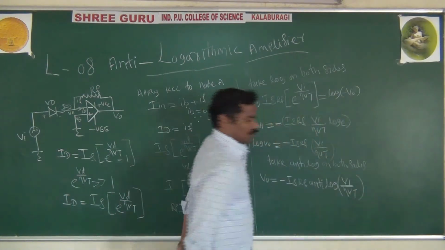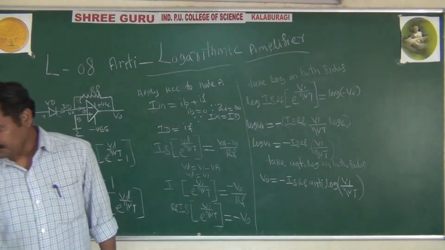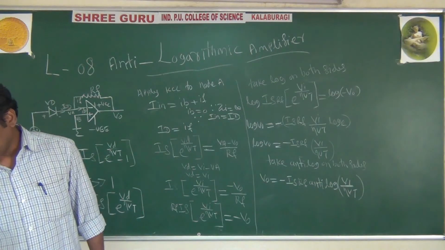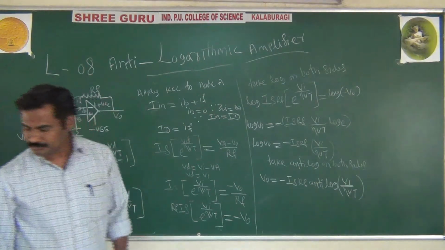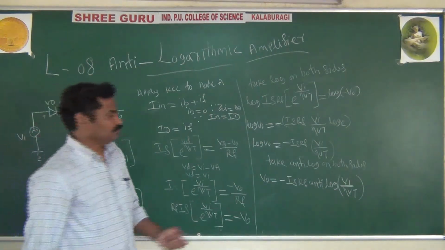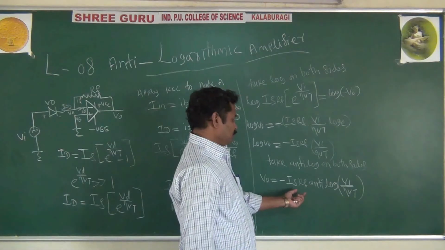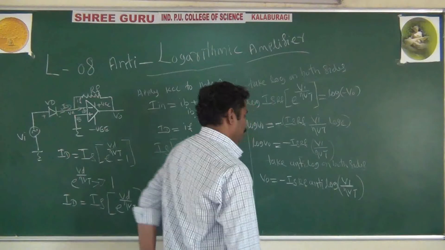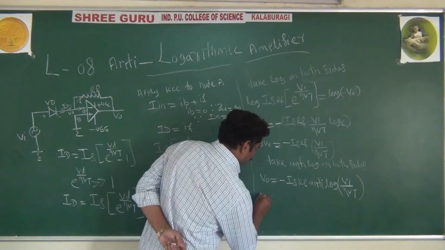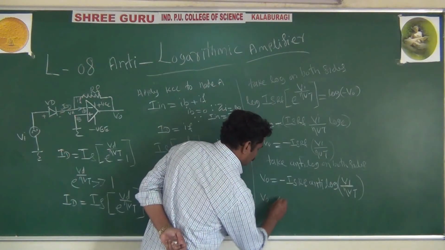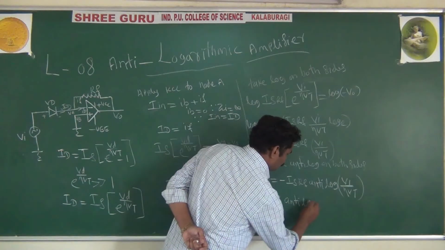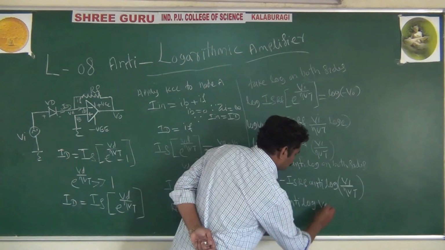This is about the importance of your anti-logarithm pair. You can write that all these terms, Is, Rm and Nvt, are constant. You can write here V naught is directly equal to the Nt log of Vi.